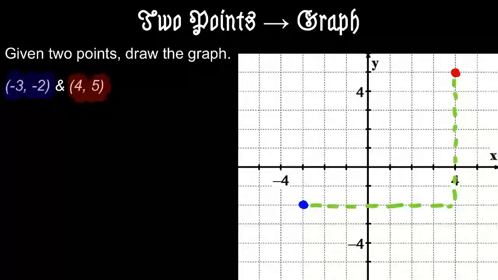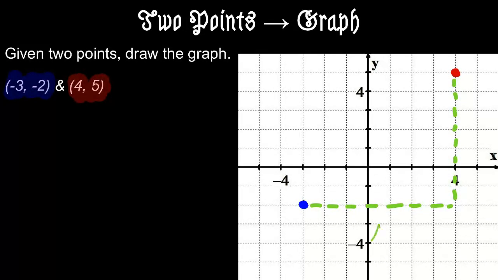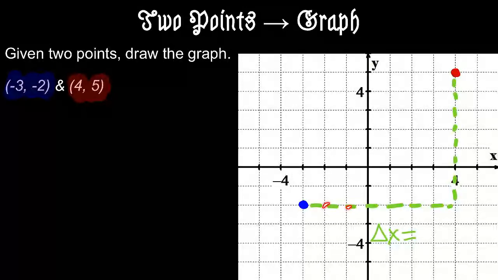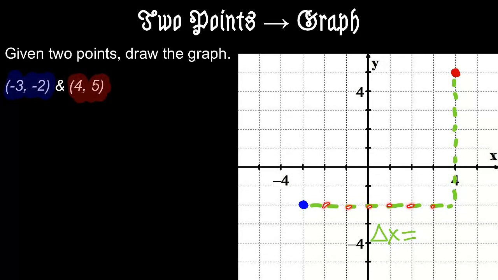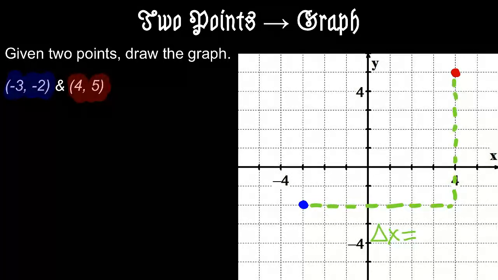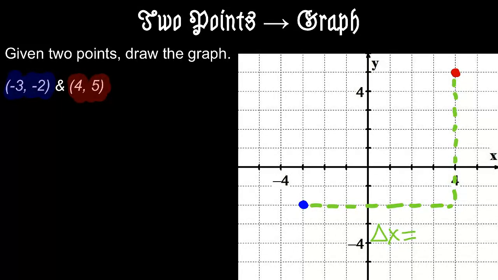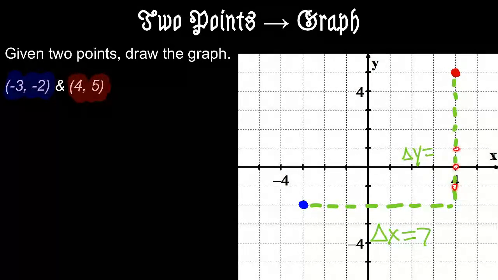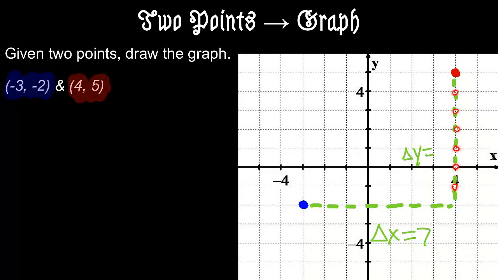See that my delta x is to the right 1, 2, 3, 4, 5, 6, 7. My delta x is 7. And my delta y is 1, 2, 3, 4, 5, 6, 7.